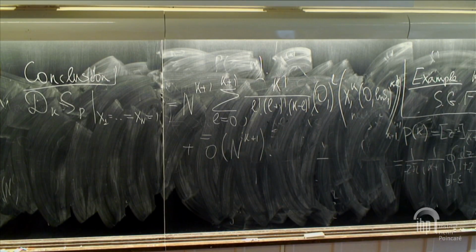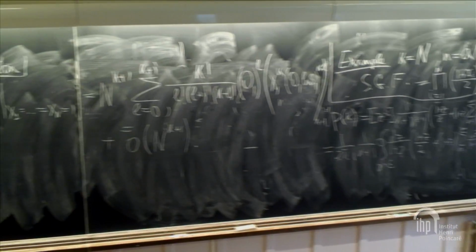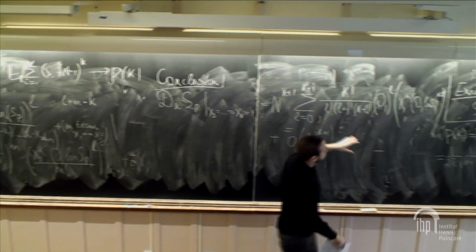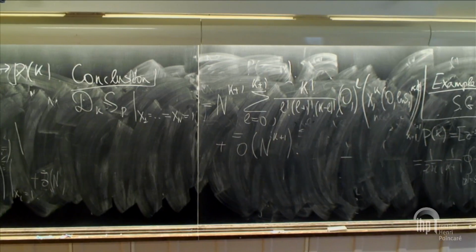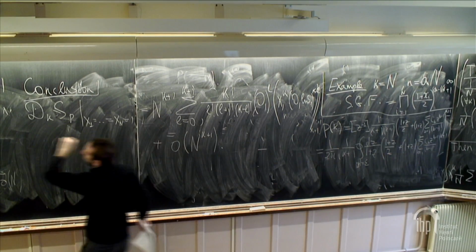OK, since the time is essentially over, let me think. So let's have a vote. This is a form which is not yet the form of the theorem. There is already some answer, so we found the limit. After you divide by n to the k plus 1, you get this limit.